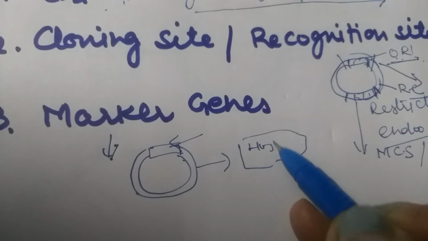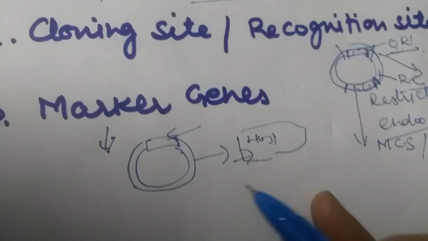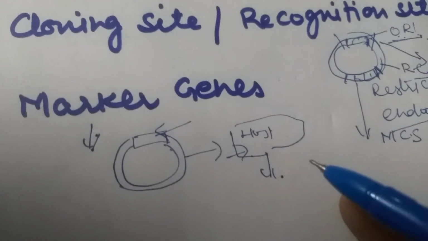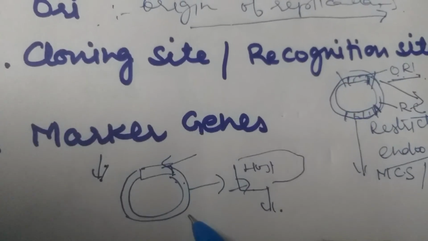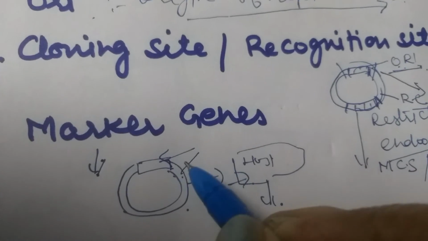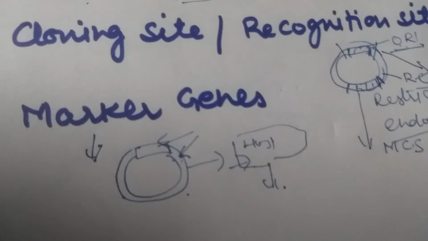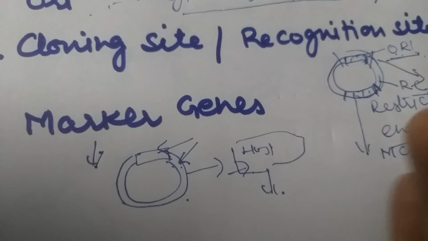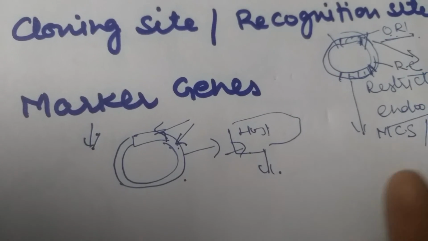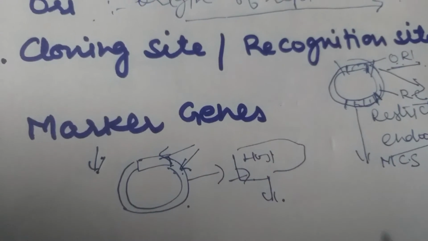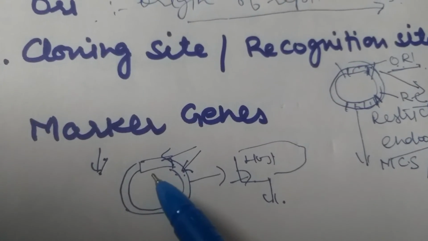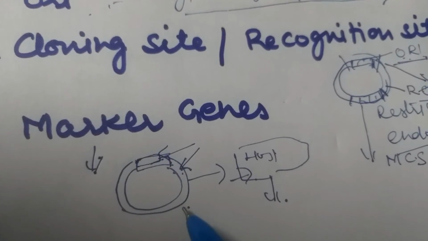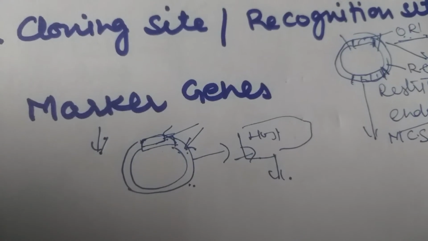Suppose this is the host cell, and you allow it to multiply. The selectable marker gene is that gene. The DNA with the insert would be called chimeric, or transformed. The desirable gene should be incorporated with the vector, and then allowed to be cloned.